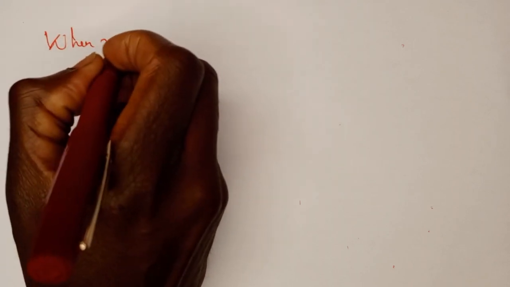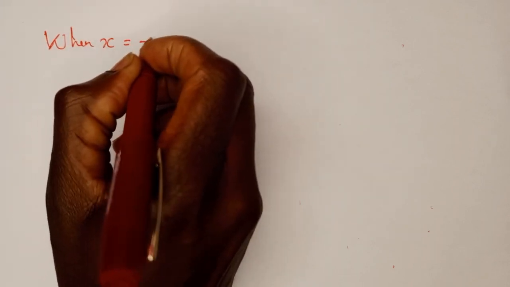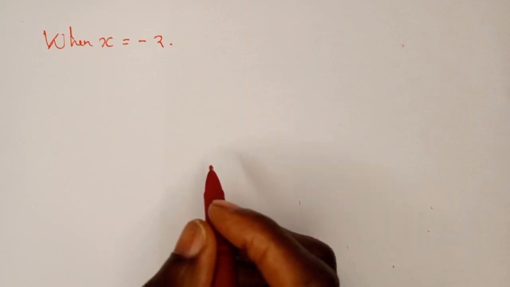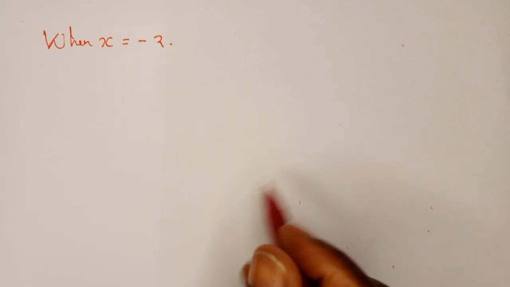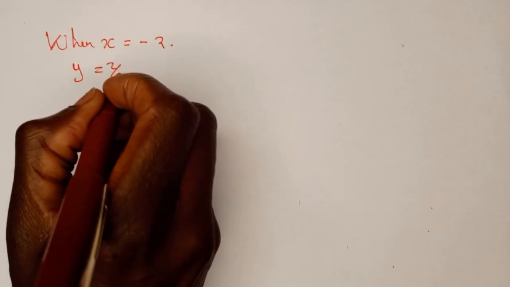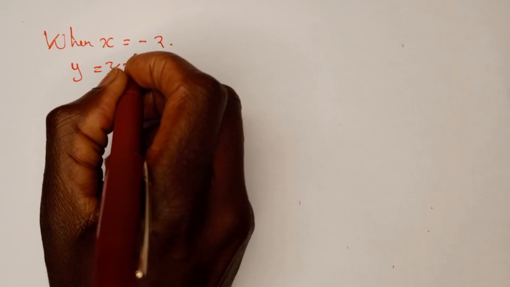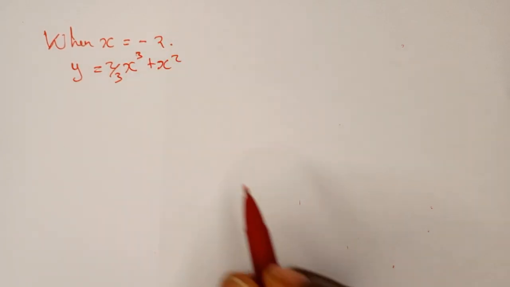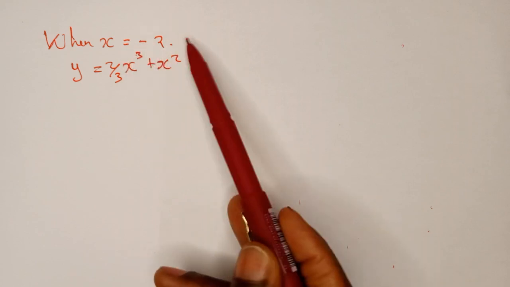So when x is equal to negative 2, then remember our function. The original one was y is equal to 2 over 3 x raised to 3 plus x squared. That is our function. So where there is x, we substitute with negative 2.